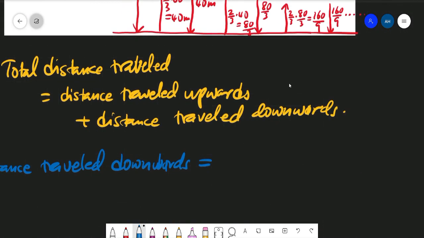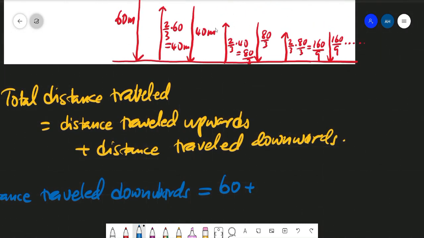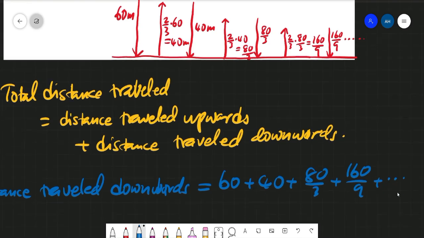So we have 60 plus 40, that is this distance here, then we have this distance, that is 80 over 3, and one more, this one 160 over 9, and the distances continue forever. Okay, so I hope you notice that this is an infinite geometric series.